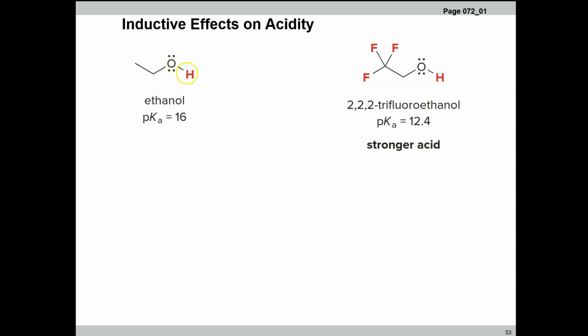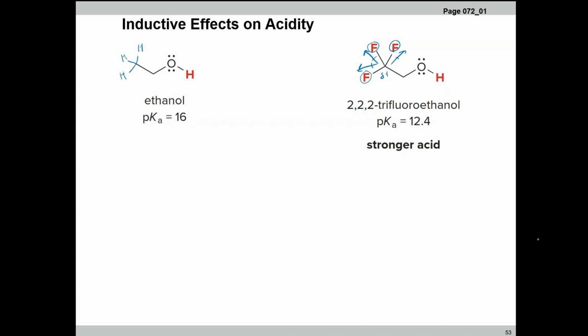If we have an alcohol functional group, here an ethanol compound, and we change it so that the protons on the end get replaced by fluorine, we know that fluorine is more electronegative, so it will pull electrons away from that carbon.